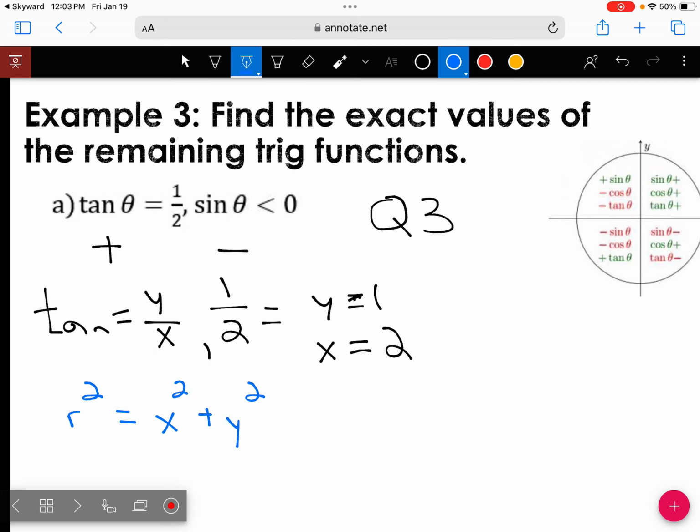So in this problem, r is going to equal the square root of 2 squared is 4, and then 1 squared is just 1. So then what's our r value? Root 5, exactly.